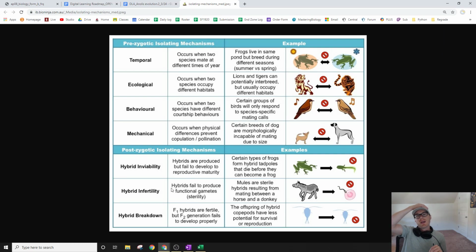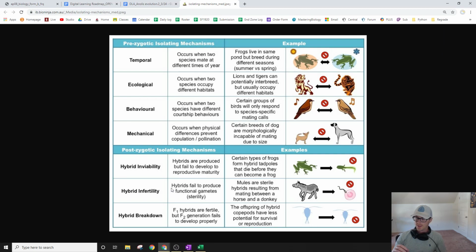So just on Monday, be familiar with what it actually means to be a member of a species. What is the biological definition of a species? If you are a member of a certain species, that means you belong to a population of organisms that are capable of interbreeding and making fertile babies.